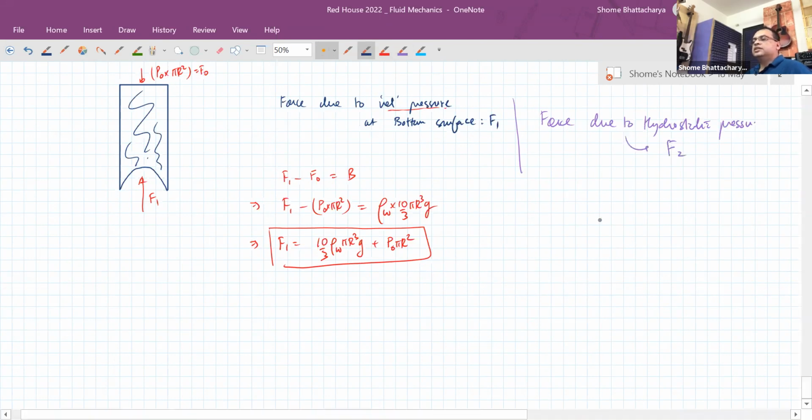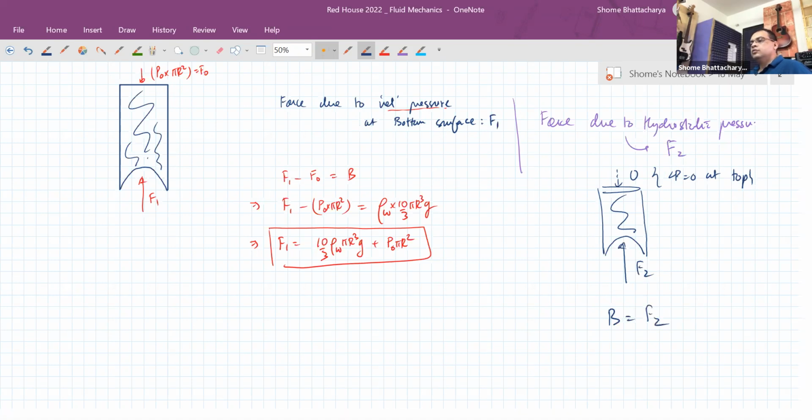In this same diagram, when I consider only hydrostatic pressure, the force on this surface is 0, because the hydrostatic pressure is 0 at the top, the atmospheric pressure, whereas this is some force F2 which I don't know. So the buoyant force should actually be equal to this force F2. So the force due to hydrostatic pressure alone will come out to be this.